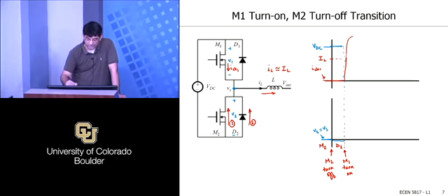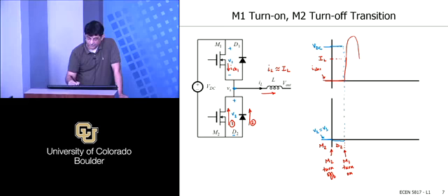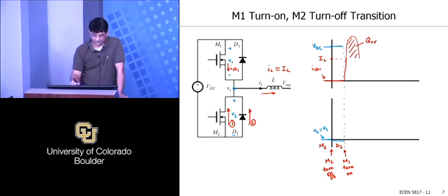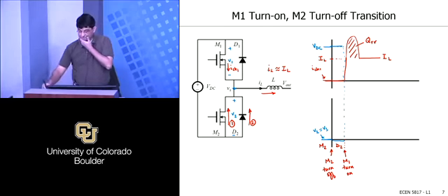And so this current will eventually come back down, but it will have to go up and incorporate this entire area, which is the reverse recovery charge in the diode, right? So essentially it has to pull all of the reverse recovery charge of the diode out, and then it can become equal to IL, right? So that's what it's going to look like.